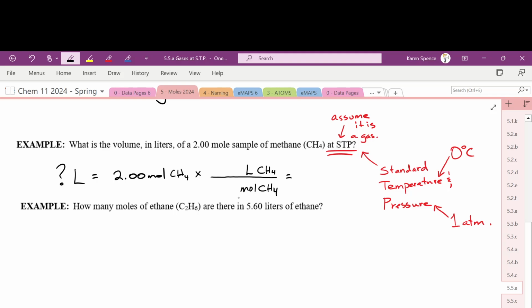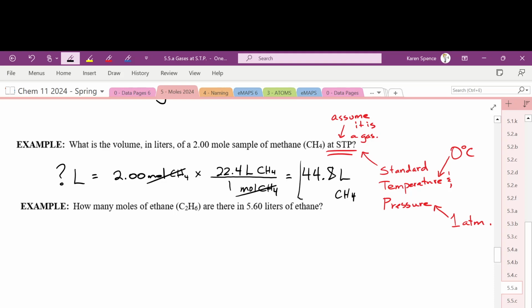What number goes with the mole? 1. And what number goes with the liter? 22.4. Are you on your phone, Anthony? No. Okay. Good. Was that a calculator? Okay, so 2 times 22.4 is 44.8 liters of CH4.